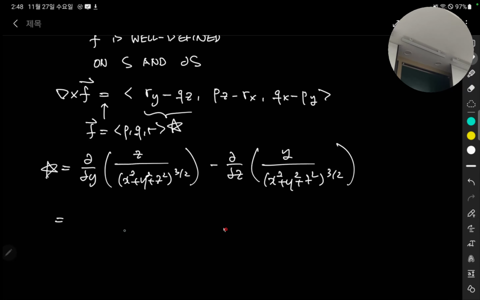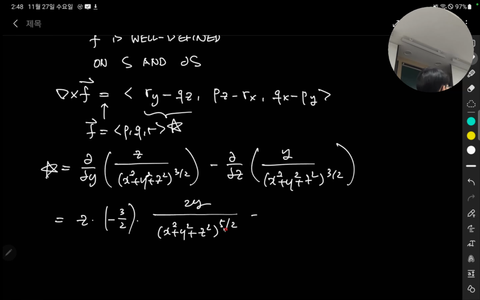So this is the same as z times minus 3 over 2 times (x squared plus y squared plus z squared) to the minus 5 over 2, multiplied by 2y. On the other side, you only interchange y and z to get the same thing, so you can just switch the notation of z and y from the first computation.